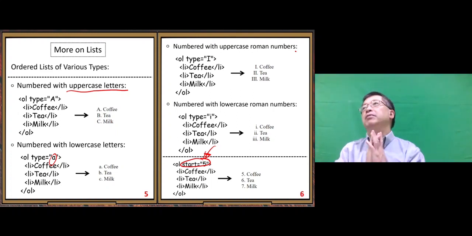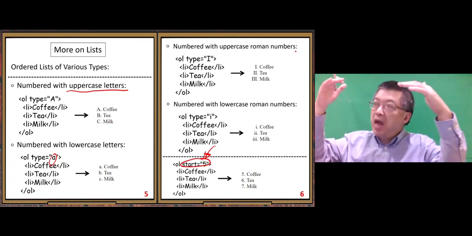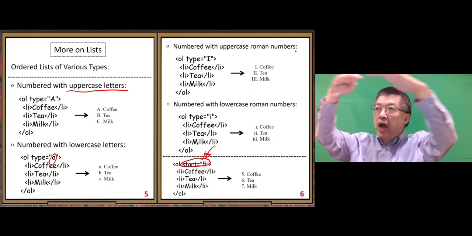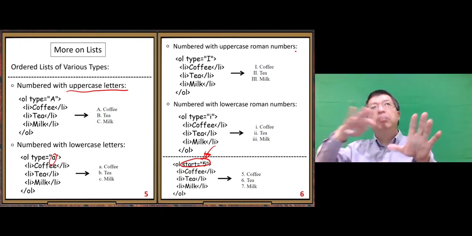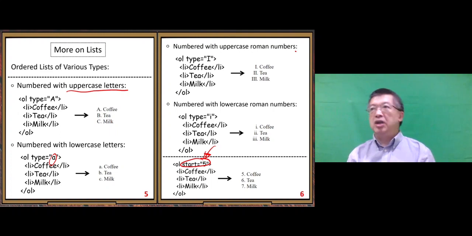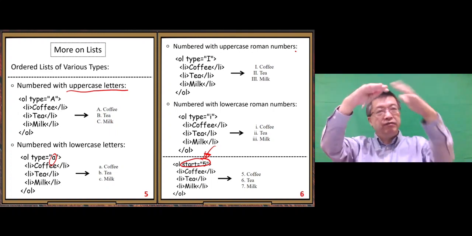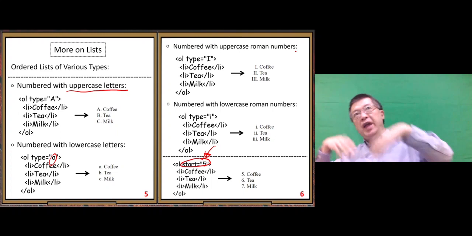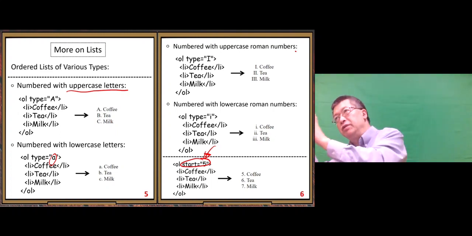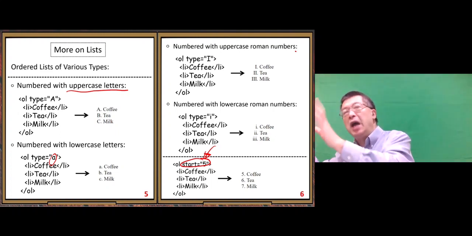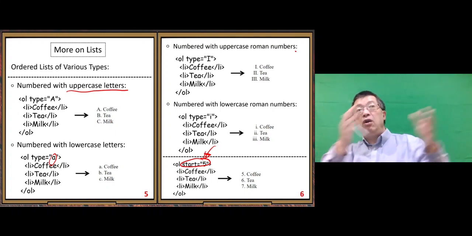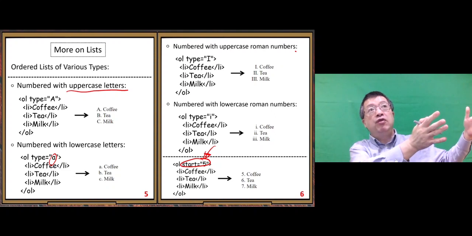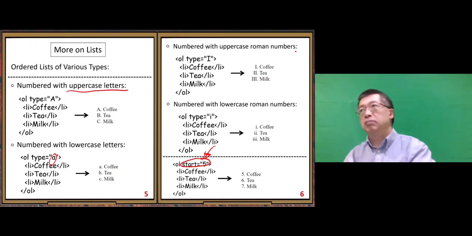For example, because you display your documents in multiple pages or multiple places. Sometimes in one place you already have 5 items. Then you go to the next place, you want to display the remaining items, but you don't want to start from one. You already displayed 5 items before. You want to start from 6.